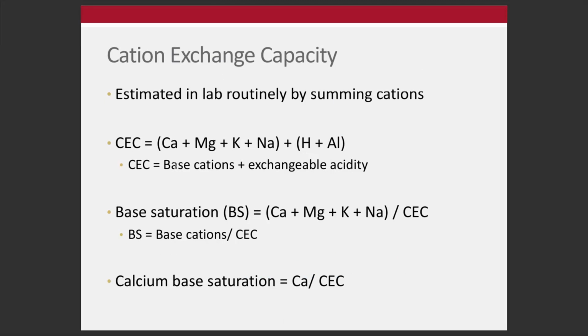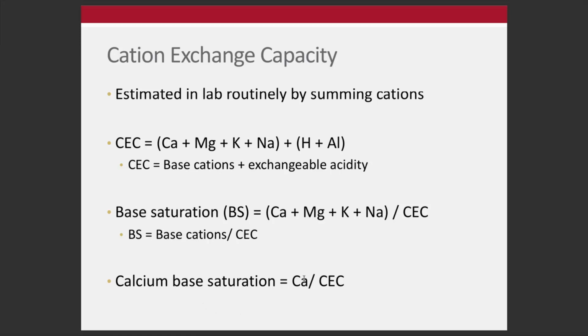And recall that we routinely estimate this in labs by summation, the sum of cations. So we can have base saturation, which is the total of base cations divided by CEC, but we can also have calcium base saturation, magnesium base saturation, or potassium base saturation.